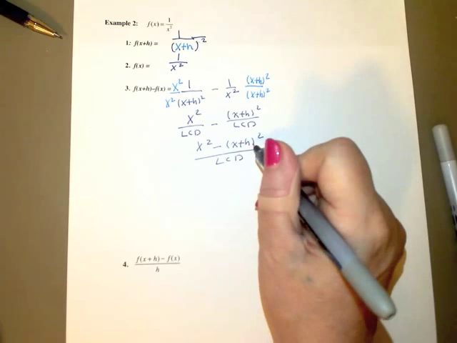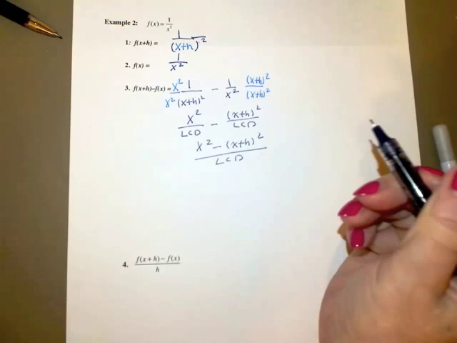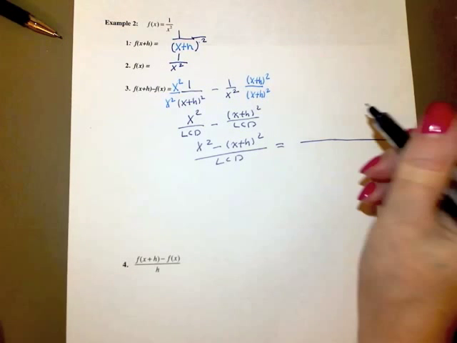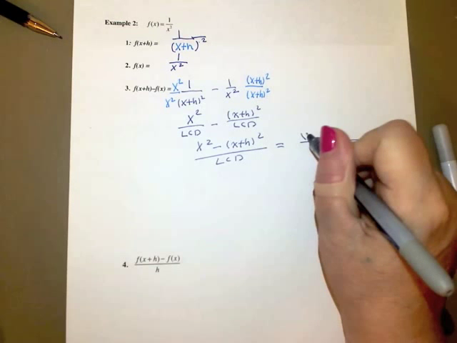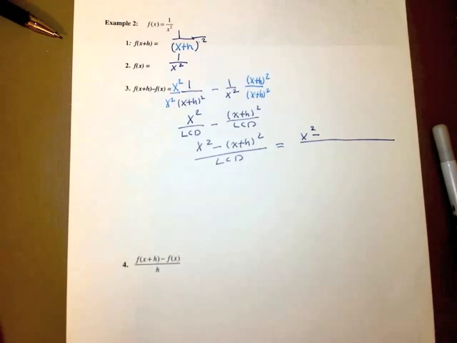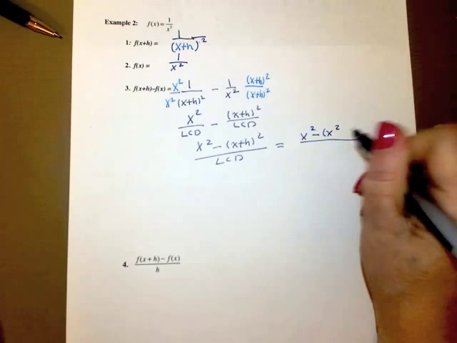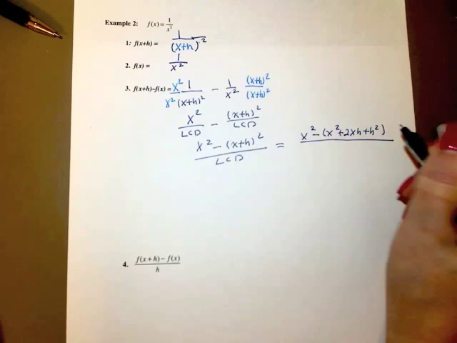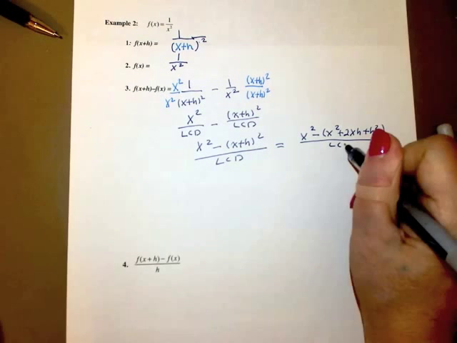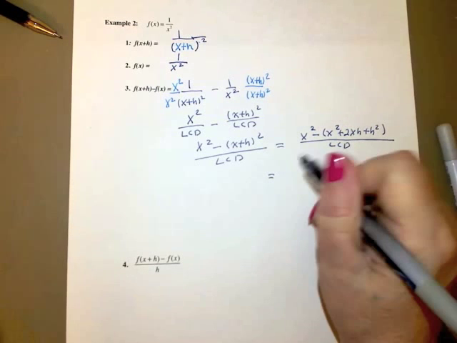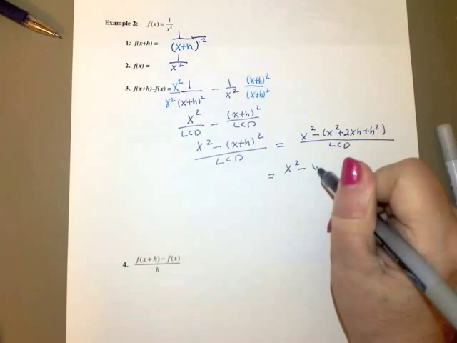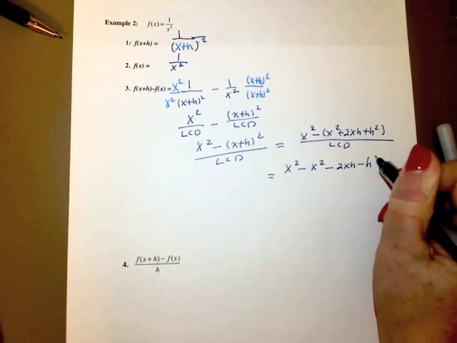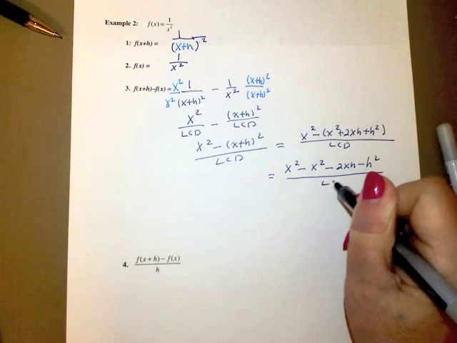Now I need to square out x plus h squared first so I can combine, and I'm just going to do it that direction so I have enough space. And this is going to be x squared minus x plus h squared, which is x squared plus 2xh plus h squared, all over the LCD, which is going to be x squared minus 2xh minus h squared all over the LCD.